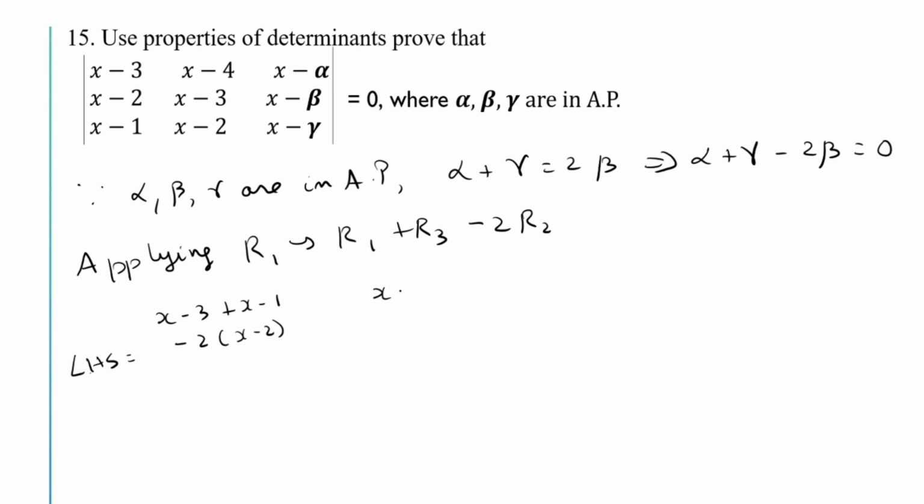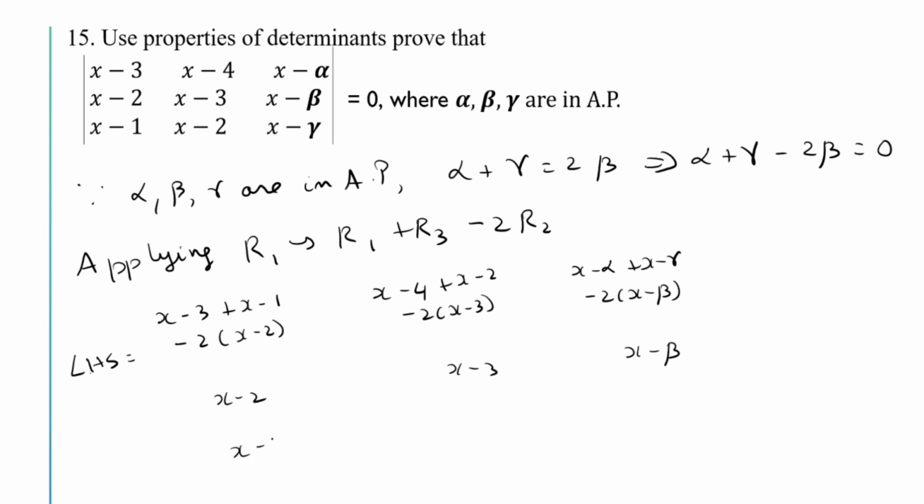And here x minus 4 plus x minus 2 minus 2 into x minus 3. Then here x minus alpha plus x minus gamma minus 2 into x minus beta, and the other rows remain the same: x minus 2, x minus 3, x minus beta, x minus 1, x minus 2, x minus gamma.